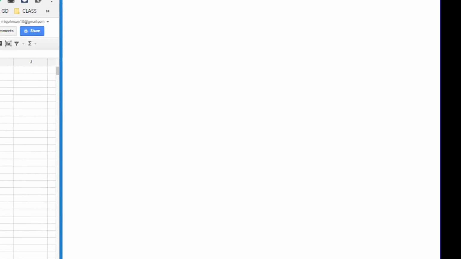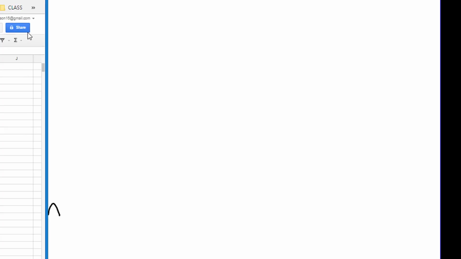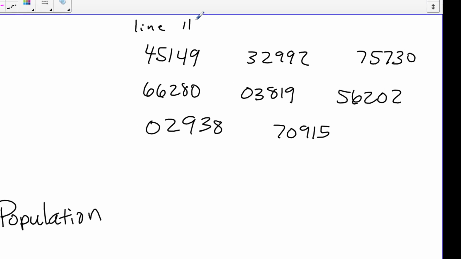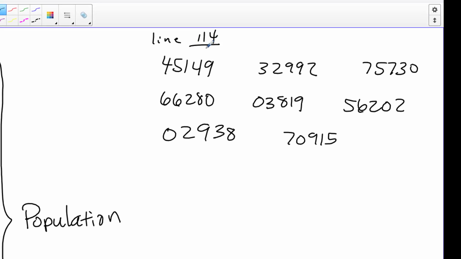So line 114 in table B has these numbers. I'm just going to write down a bunch of them because I'm probably going to use them later. So 114, 45149.